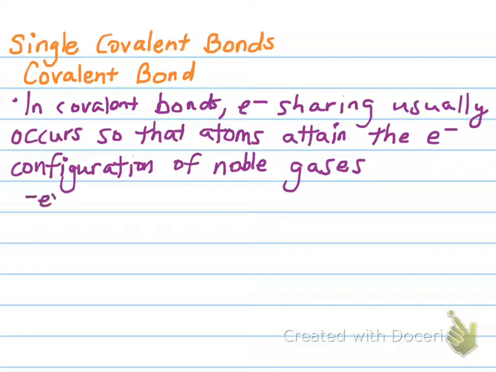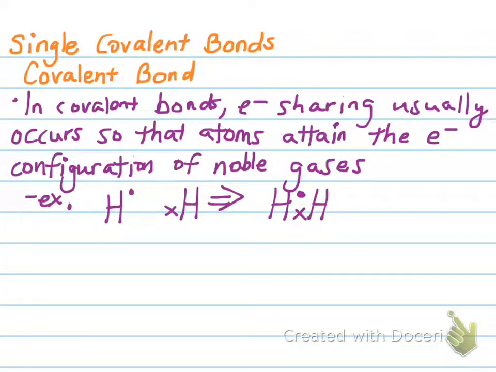So to look at an example, if we look at hydrogen and its electron dot structure, I have two hydrogen atoms, and I'm going to represent my electron on this other one as an X so I can just kind of track what happens. And these become a compound like this.